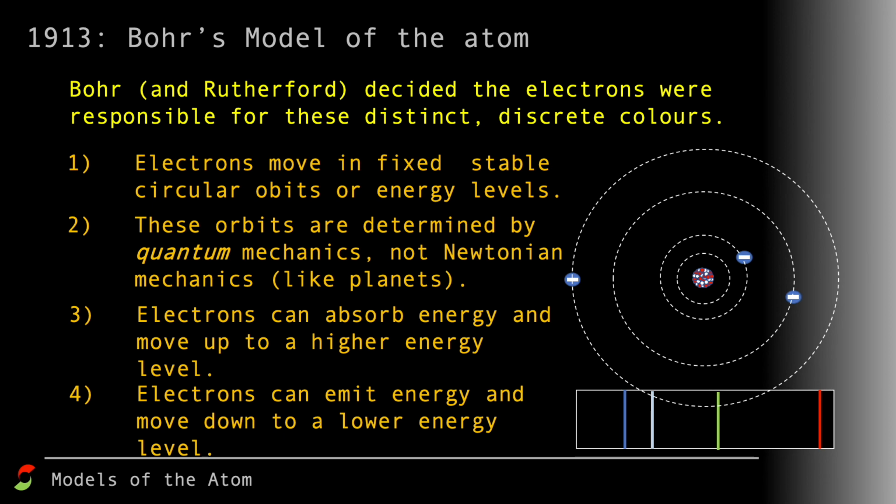So, for example, let's have this electron moving down through a large energy difference. So it's going from a high energy level to a low energy level. And when it did that, it would emit a large amount of energy. And that would, let's say, be this blue line in this spectra.